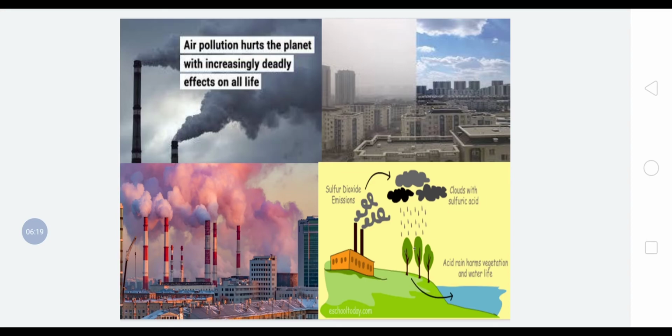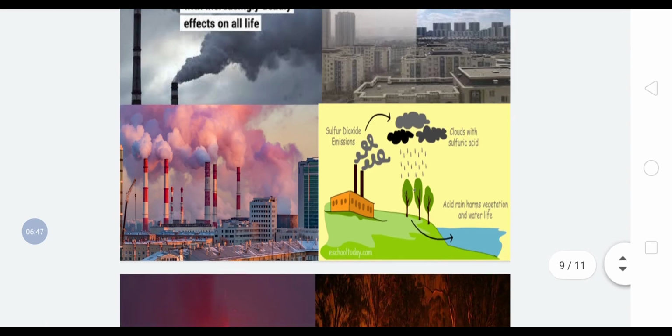Air pollution is hurting the planet with increasingly deadly effects on all lives. Even the sulfur dioxide emissions from industries or waste management affect the clouds with sulfuric acid, which causes acid rains, which harm the vegetation and water life.